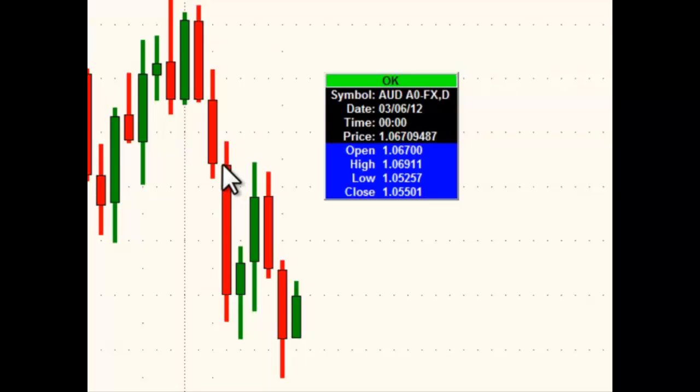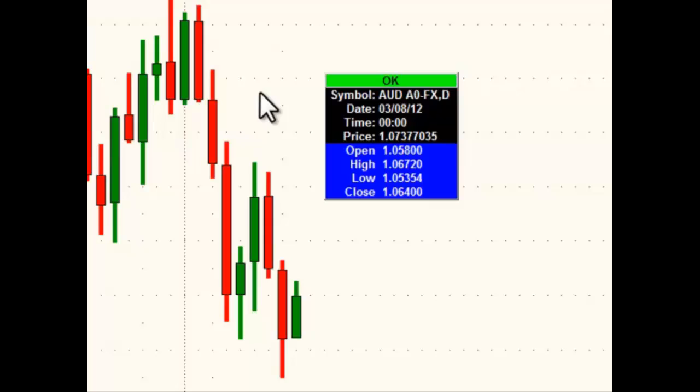So here we have an open up here, close at the bottom of the body. With a green candlestick, we know that it's opened at the bottom part of the body of the candle and it's closed at the top of the body of the candle, and the thin wick of the candle represents the range of trading in between.